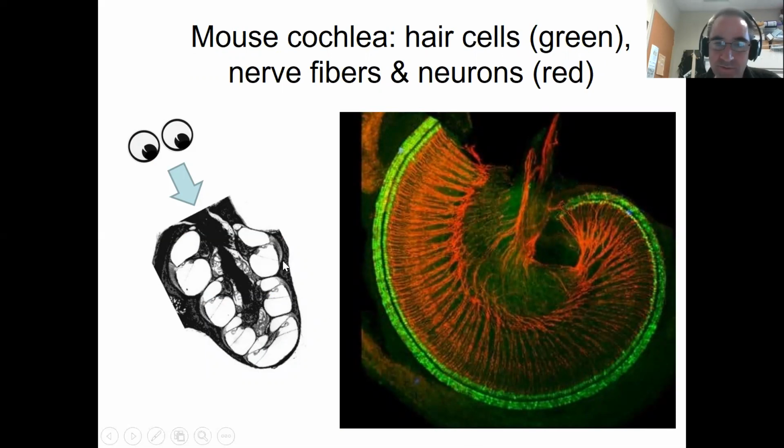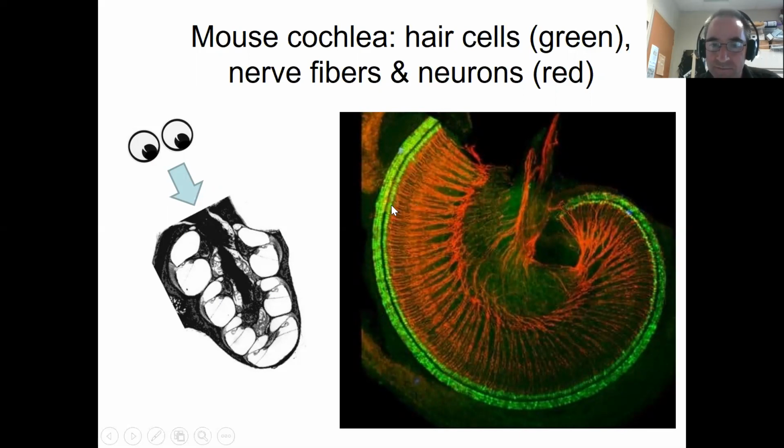So this is actually from a mouse cochlea, and imagine that you're looking from the base, up the modiolus towards the apex. So we got underneath the cochlea and we're looking up, and in this image, they have stained the hair cells green, and you can see the 3 rows of outer hair cells here, and the 1 row of inner hair cells there, somewhat separated from them.